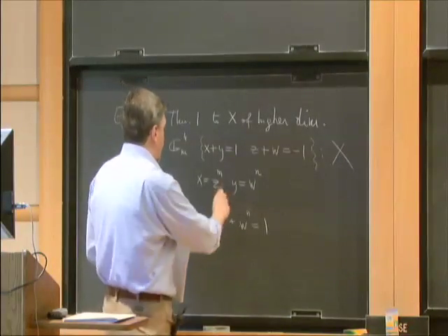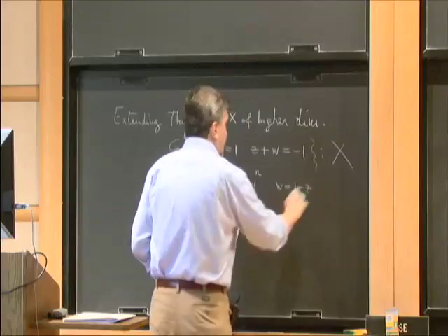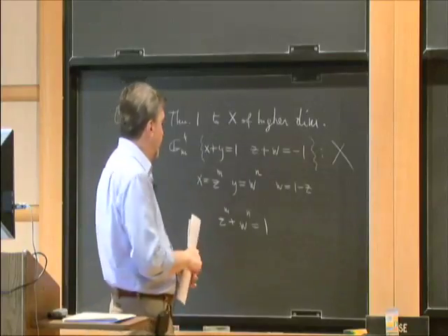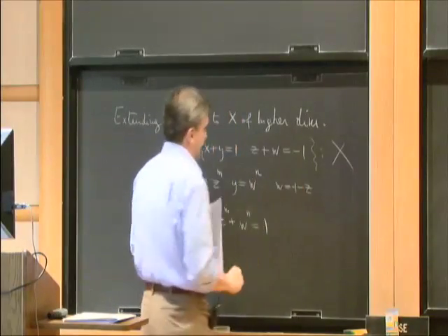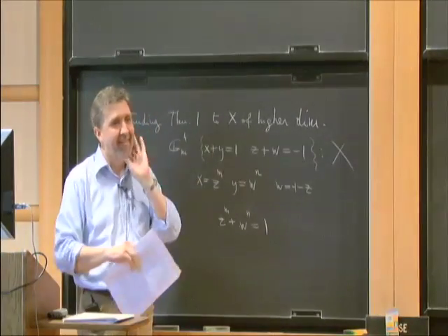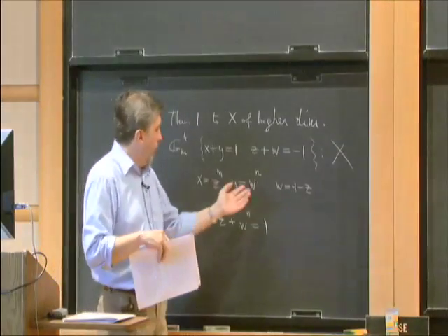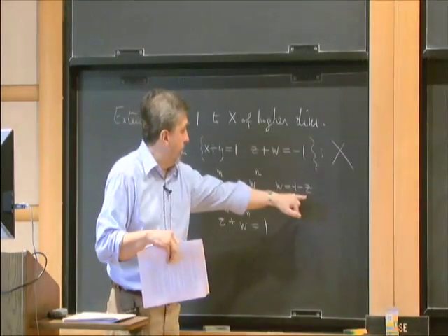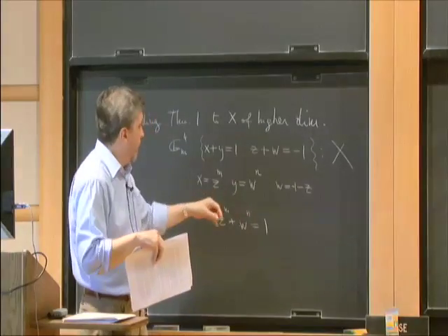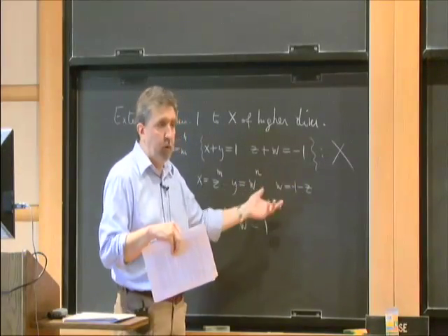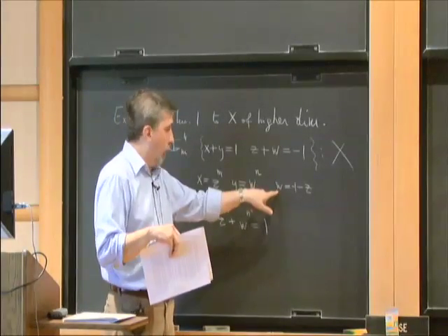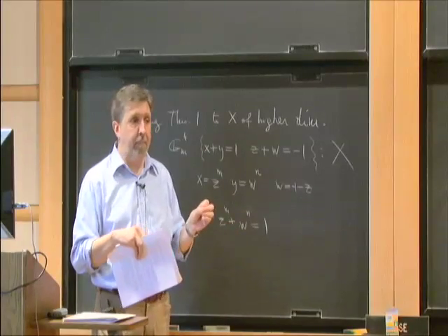And now, since w is 1 minus z, well, there is a theorem of Zannier, a special case of, minus 1 minus z. So I did the wrong thing, but it works also. The theorem of Zannier says that except for 2 points, if z and w are not roots of unity, the maximal height of z or w is bounded below by a positive constant.